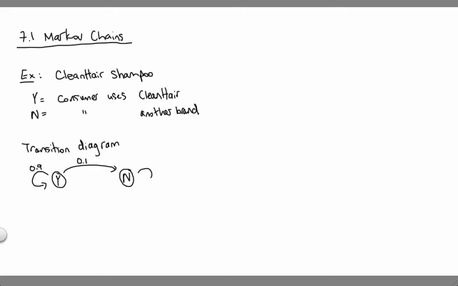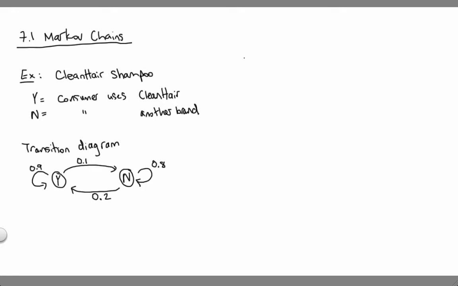And we could ask, how likely is it that they will stay with another brand? So right now they're with another brand, they're going to stay with another brand. Let's say, for the sake of discussion here, that this is 0.8. So 80% chance that someone will stay with another brand. That then implies that there's a 20% chance that they're going to switch over to our Clean Hair shampoo brand.